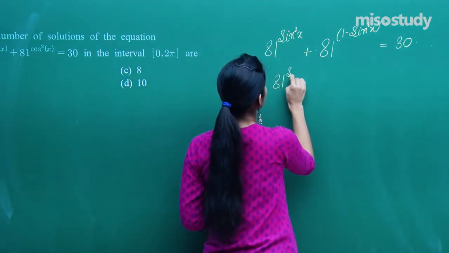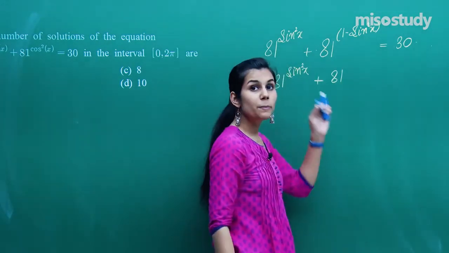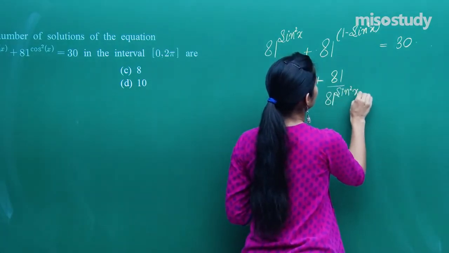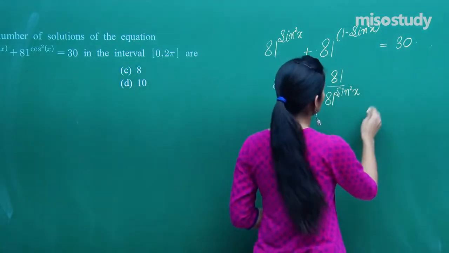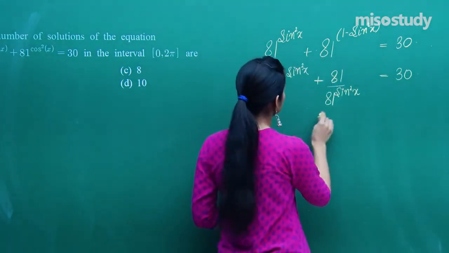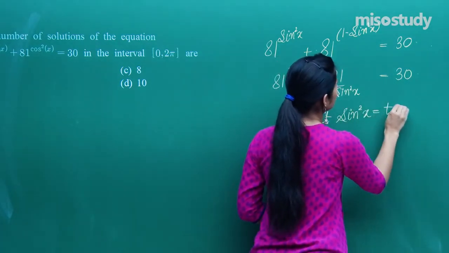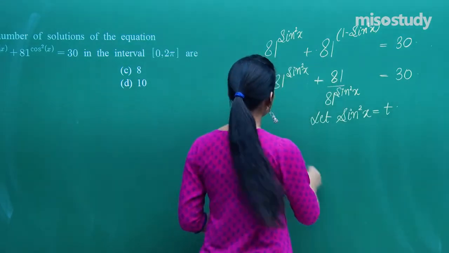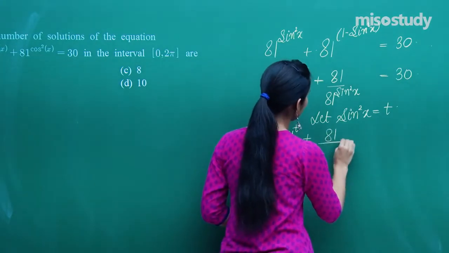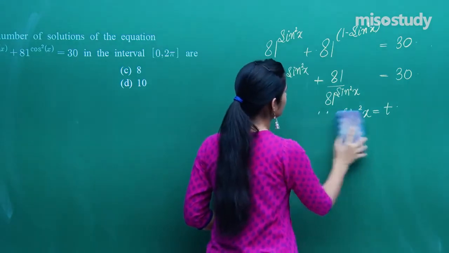So this becomes 81 to the power sine square x plus 81 into 81 to the power minus sine square x, which is equal to 30. Fine. Now what? Let sine square x be equal to t. So you get 81 to the power t plus 81 upon, or basically let me take 81 to the power sine square x to be equal to t.